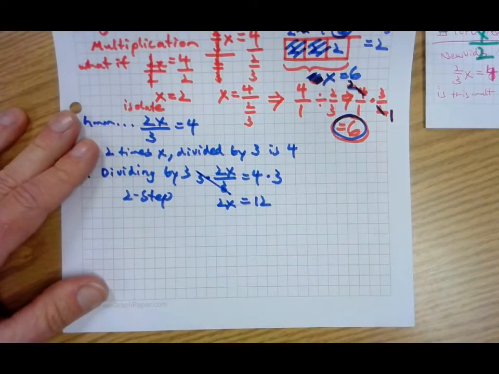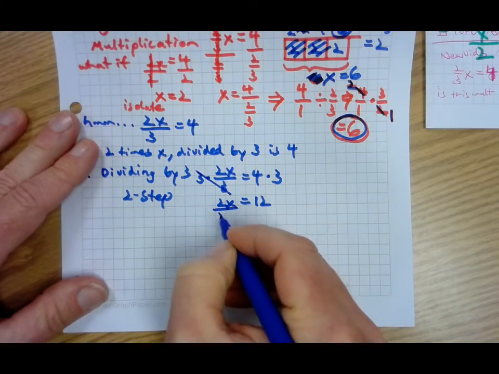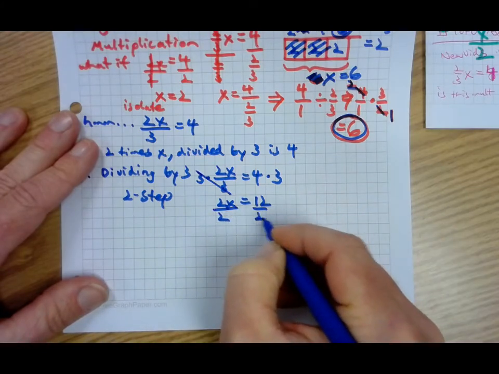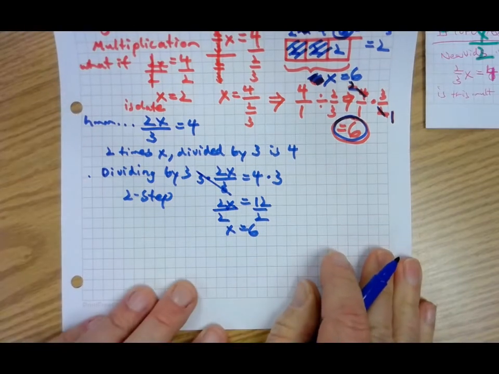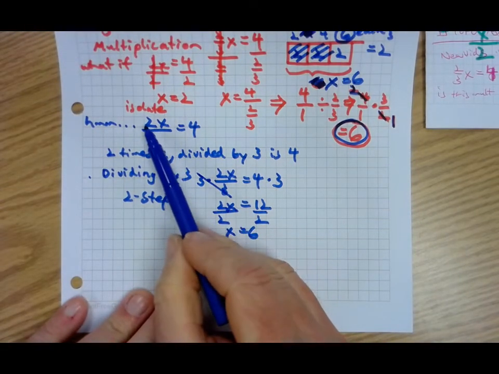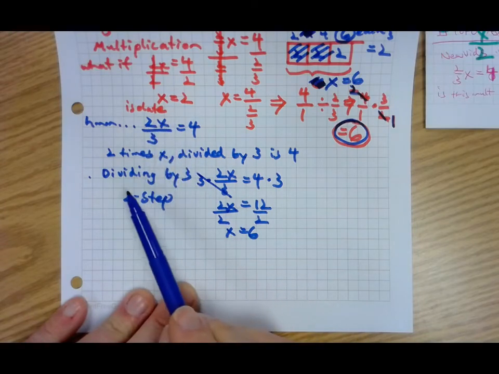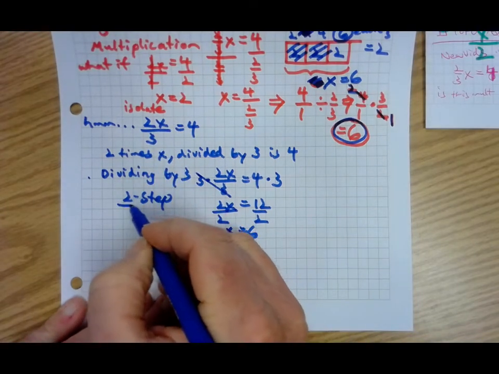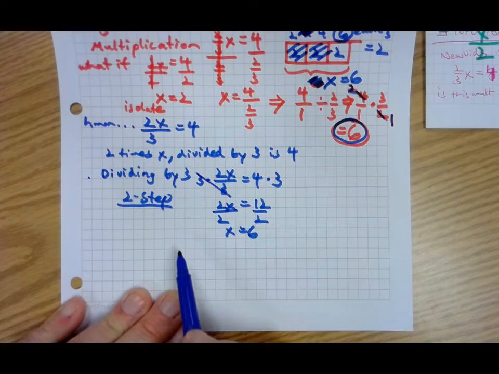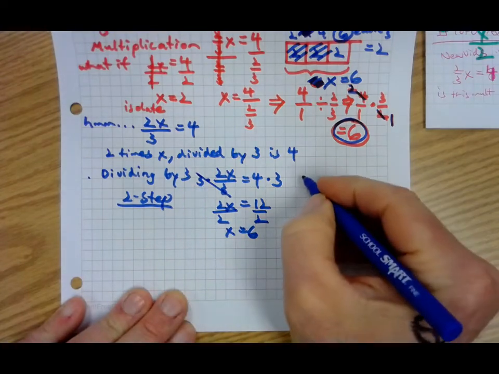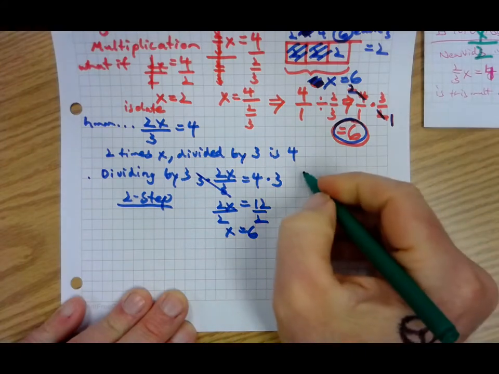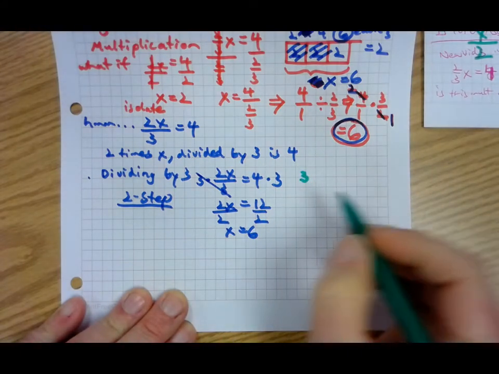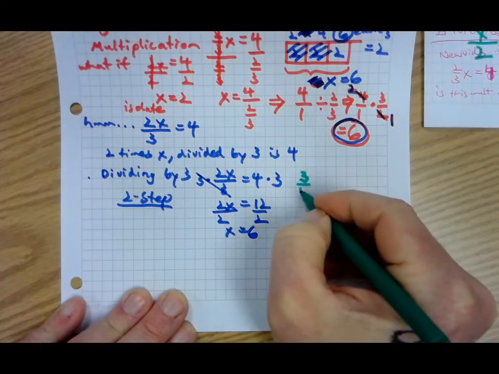Now it's multiplying, and now if I divide by 2, I get x equals 6, which we already knew. But check this out. So I've got this fraction up here, and then we changed it into a 2-step equation. First we multiplied by 3. This is so clever. We multiplied by 3, then we divided by 2.